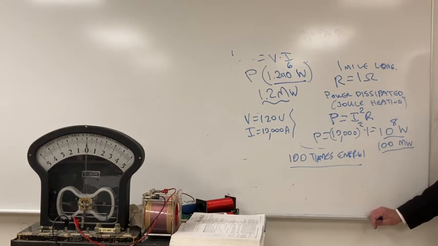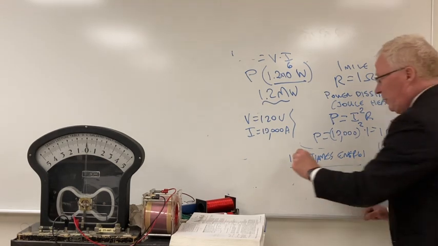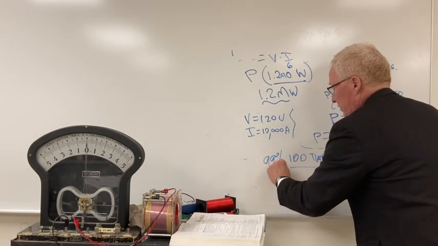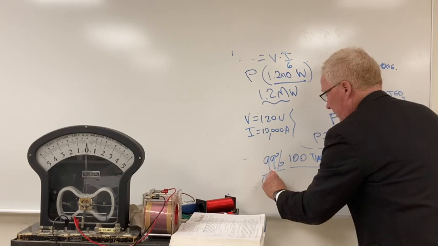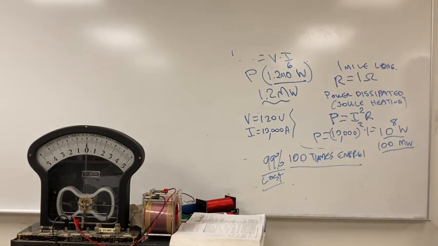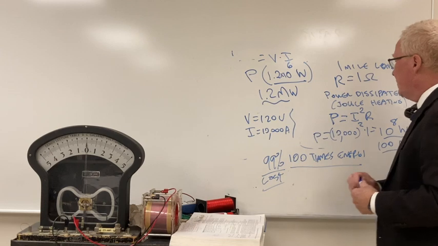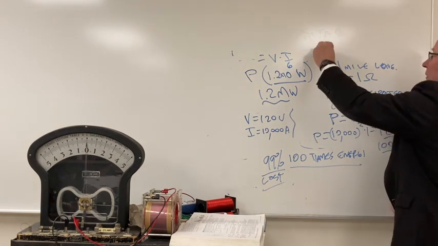Well, this is not going to work. First of all, the wire would glow, and it's not very efficient if you lose 99% of the power in this kind of situation. So how do we do that? All right. Well, the way you do that is using what we call a transformer.